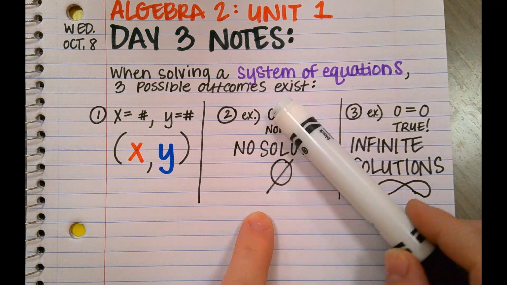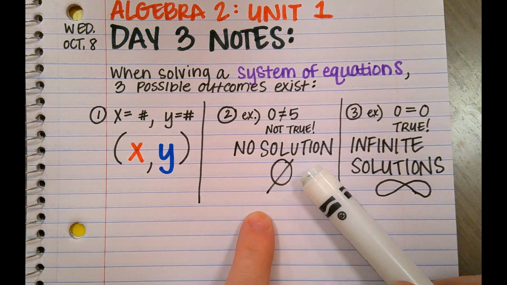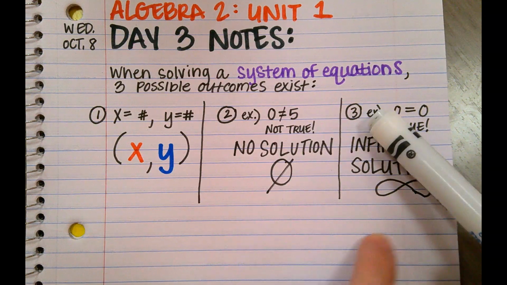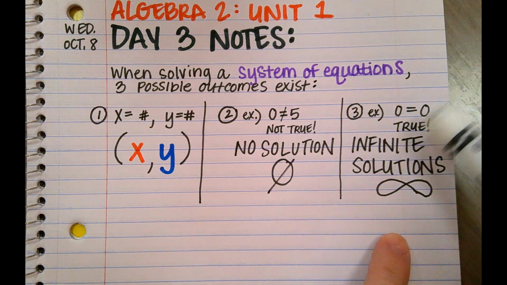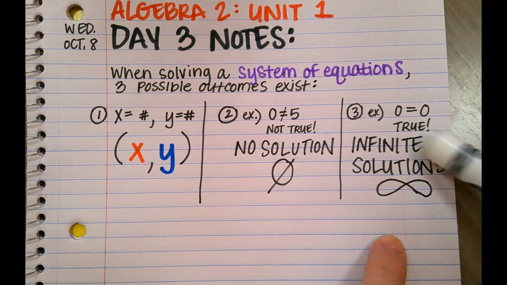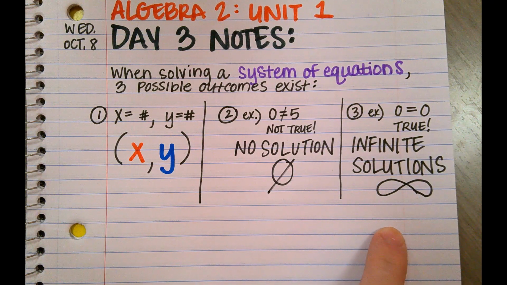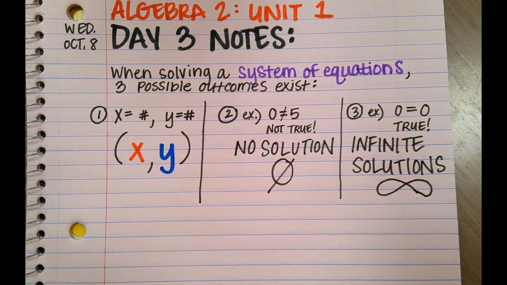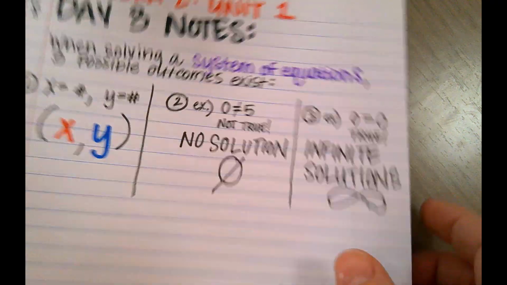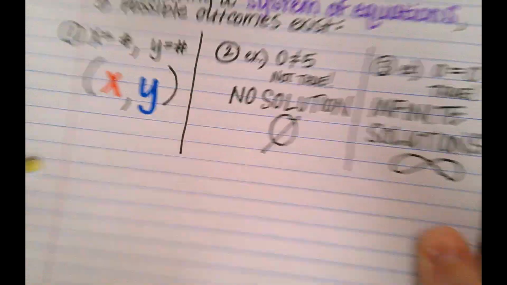You're going to get a statement that is not true when there's no solution, such as 0 equals 5. That's not true. Or you're going to get a statement that is true, such as 0 equals 0, or infinite solutions, meaning you can use any number and it will work. So we're just going to keep these 3 outcomes kind of in the back of our mind as we look at another method of solving systems.